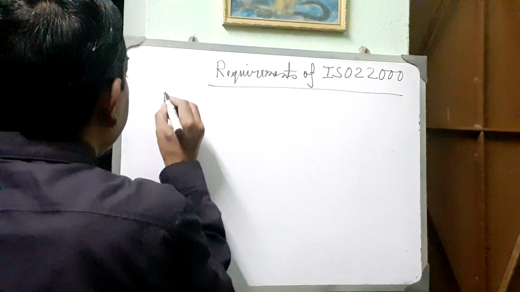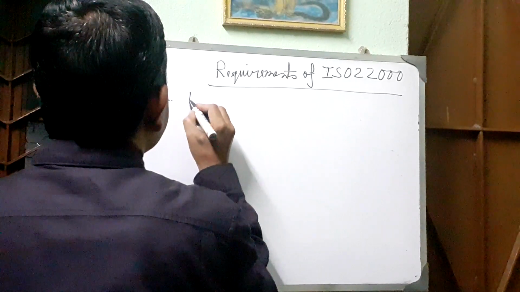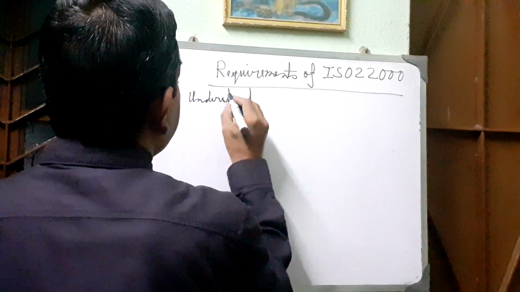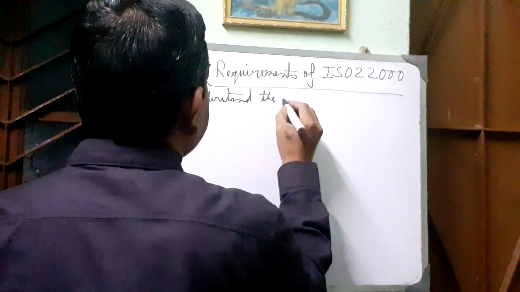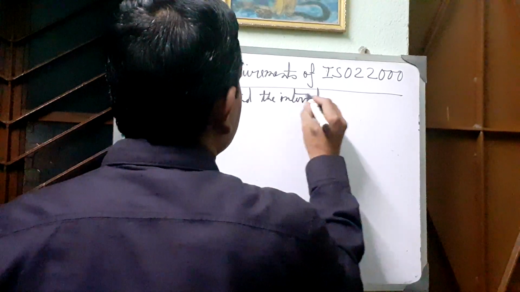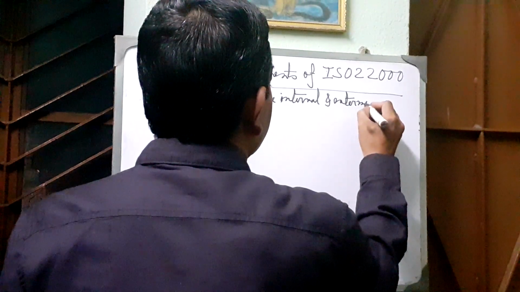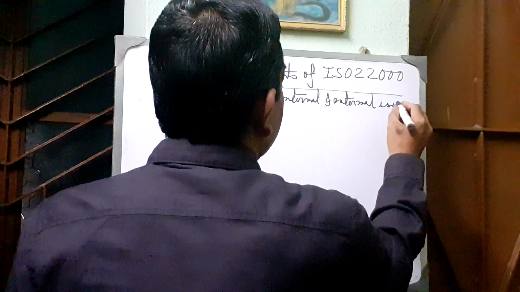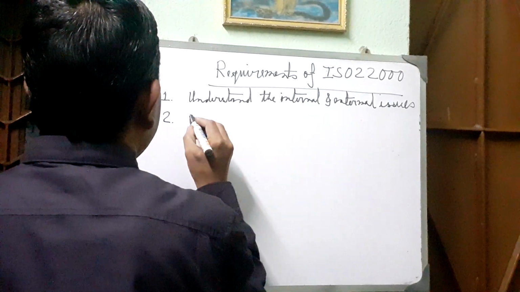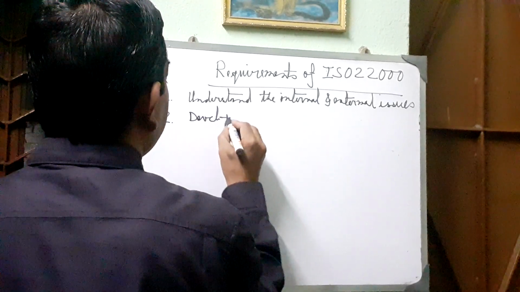The first one is to understand the internal and external issues. The second one is to develop a food safety policy.